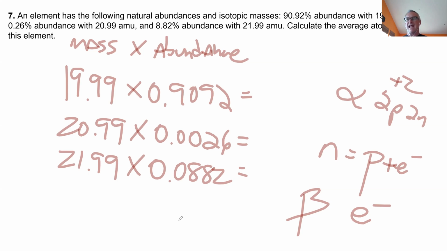And then gamma is just energy. It's not a particle at all. It's just super high intensity energy that goes right through you. Alpha particles are very easy to stop. Just a piece of paper will stop an alpha particle. They're not particularly dangerous unless you eat them. A beta particle penetrates a little bit further, but a gamma ray will just go right through you, like an X-ray. That's why they're particularly dangerous.